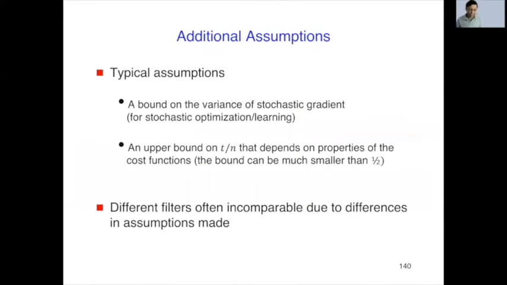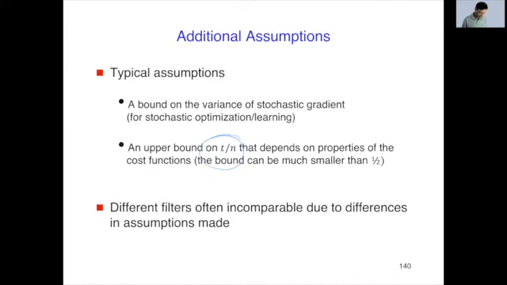Something I have not said yet, which is true for all the filters we will discuss briefly today, is that these papers have to make some assumptions to show some desirable properties of these filters, or of the distributed fault-tolerant optimization algorithm. In particular, they will generally assume some bound on the number of faulty agents, or the ratio of faulty agents, given a number of agents. So the bound itself may be different for different filters.